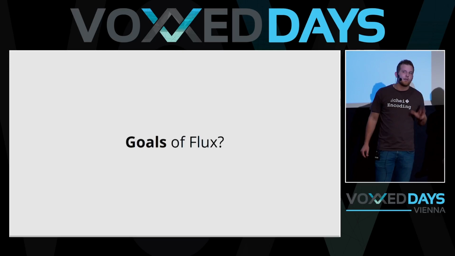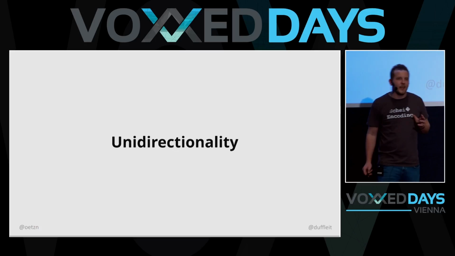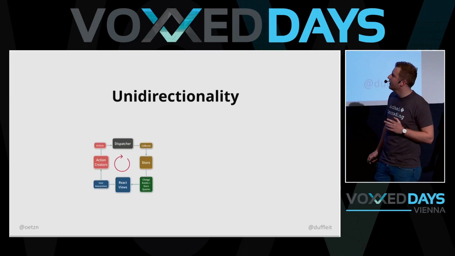Does anybody know unidirectionality in UI state management? Okay, so basically the idea is very simple. If I take a look at Flux again, we have this React UI. This triggers some kind of action. The dispatcher hands this action over to the store. The state in the store changes.